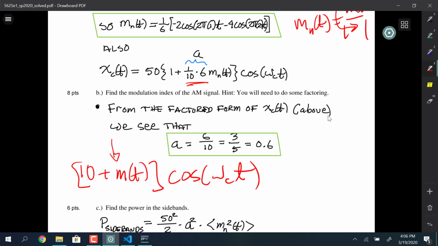We know its negative peak was 6, so when the message takes on its negative extreme of -6, we'll have 10 minus 6, so that ratio involves the modulation depth or modulation level. So it's, again, 6/10. You could get at it that way.